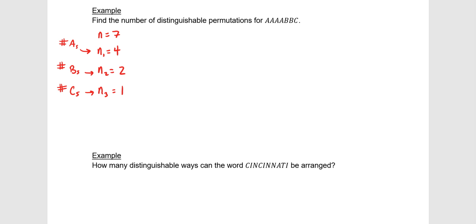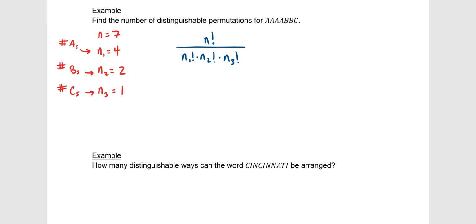So that means the formula is going to be n factorial divided by n sub 1 factorial times n sub 2 factorial times n sub 3 factorial. We knew to stop at 3 because that's how many replication groups we had.